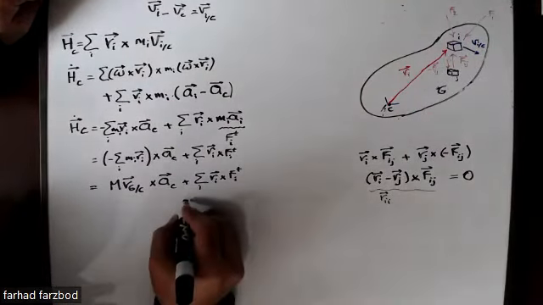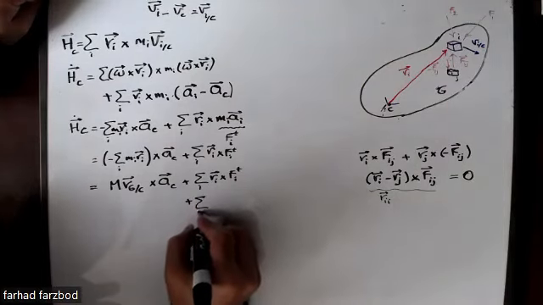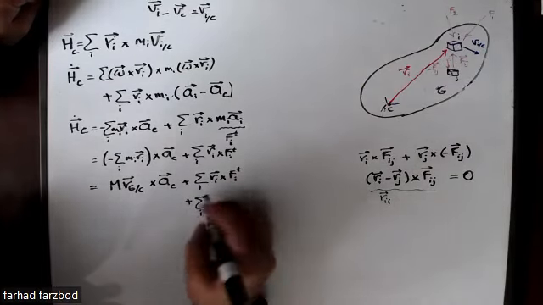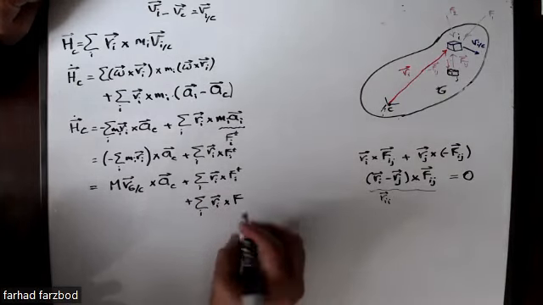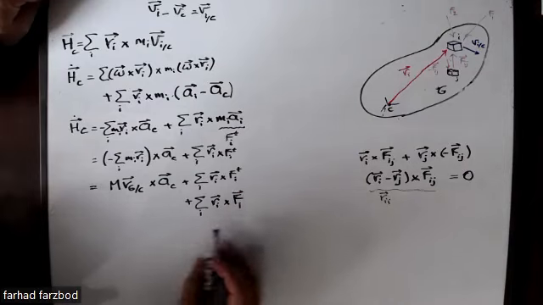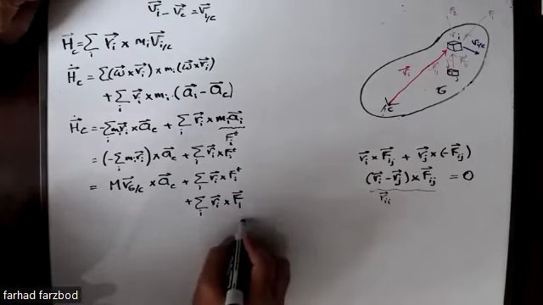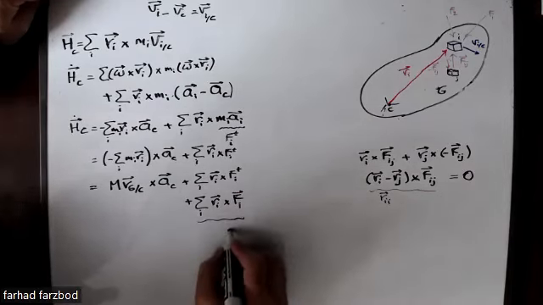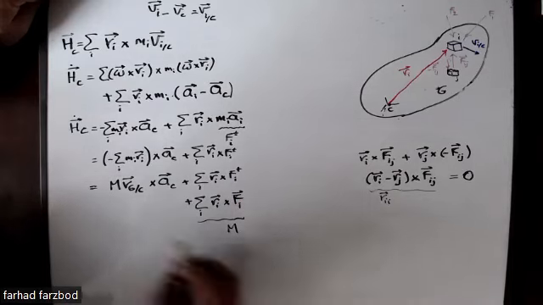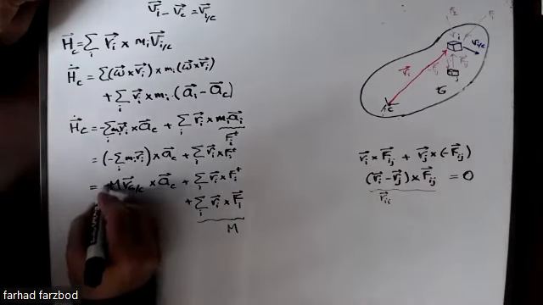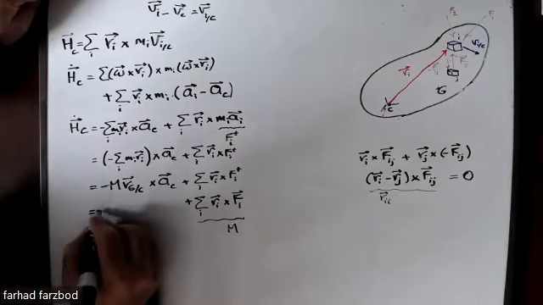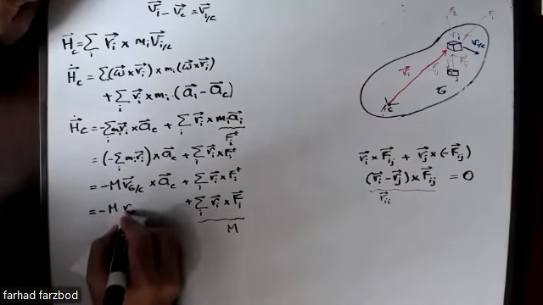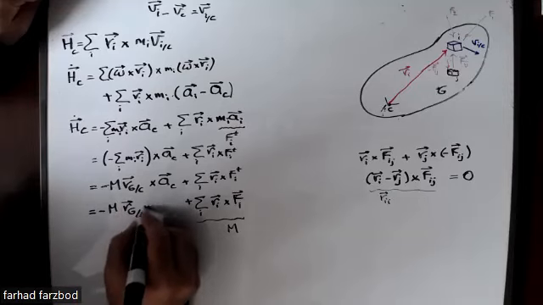So we can think that, okay, forget about all the internal forces, just put the external forces. And these are moments of forces, right? Let's call this M of all forces. I forgot to put that negative sign here. And I have this equal to negative M RGC cross AC.